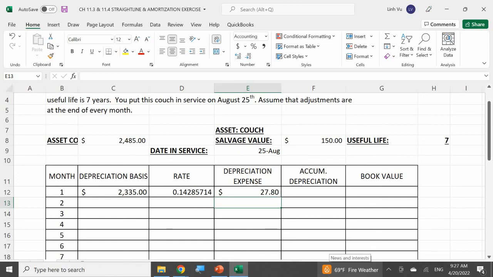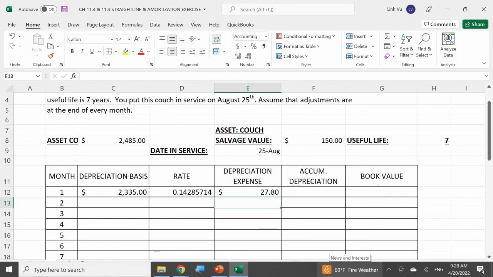So if they ask us for 1 year, we need to divide by 12, even if we start from the end of the year? No. If it asks you at the end of the year, you do not divide by 12. I'm only telling you because this one is not asking you at the end of the year.